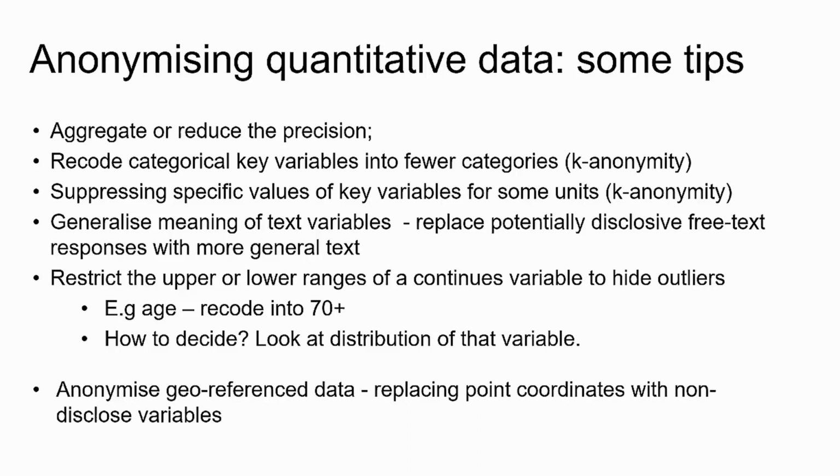We can recode categorical key variables into fewer categories. We can suppress specific values of key variables for some units, especially low counts, and this is what we refer to in SDC as k-anonymity. You can read more about this, but we don't have time to go into more detail.